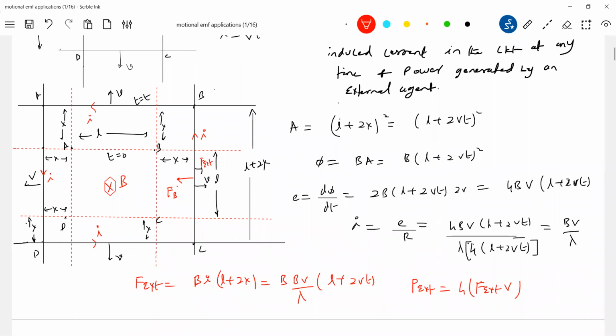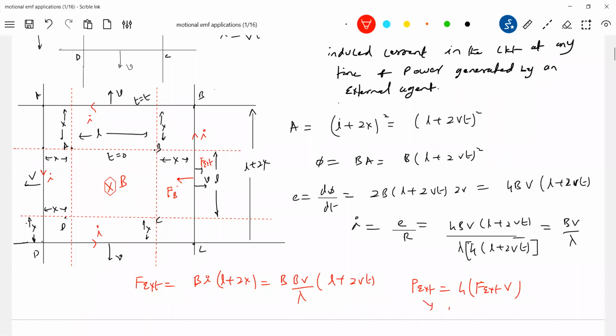And where will all that power go? Power is dissipated in the circuit, because the velocity of the rods is constant. The power generated by the external agent, the whole circuit will convert that mechanical power into electrical power. Then the rods will convert that electrical power into heat, the thermal power.